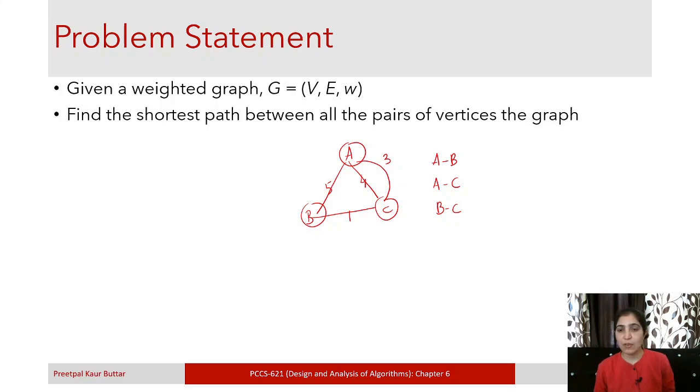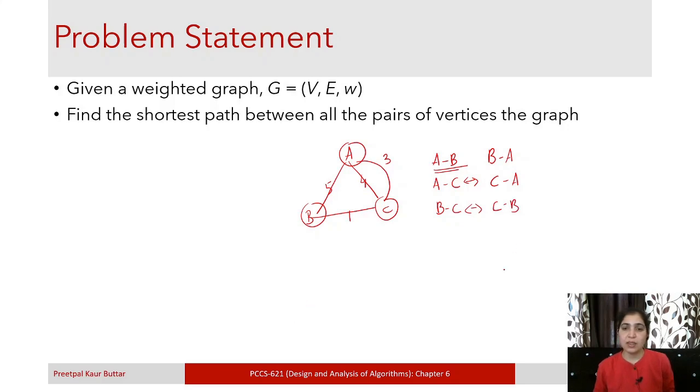So you have to find the shortest path for reaching B from A, C from A and C from B. Because this is an undirected graph, the shortest path for reaching B from A will be same as the shortest path from B to A. Similarly this will also be same because this is an undirected graph, and C to B.